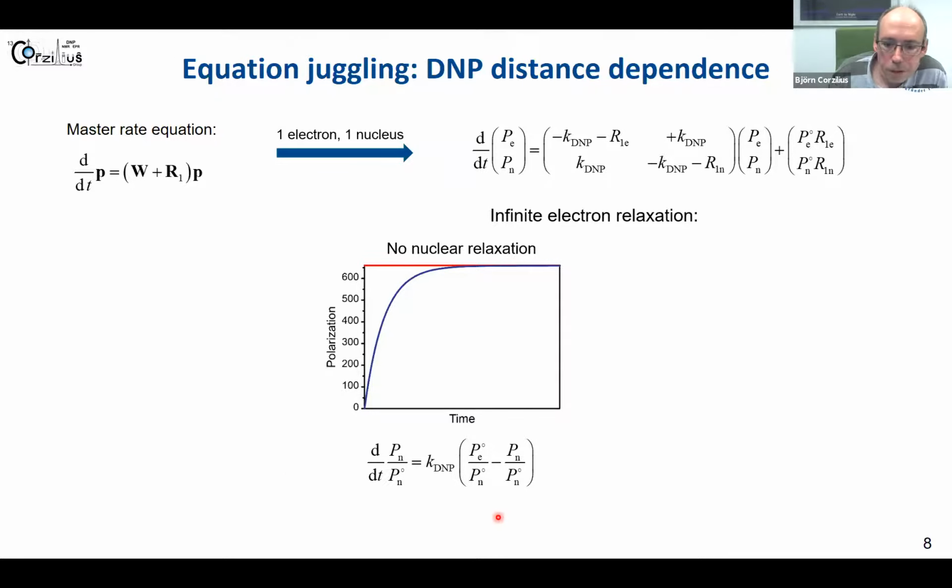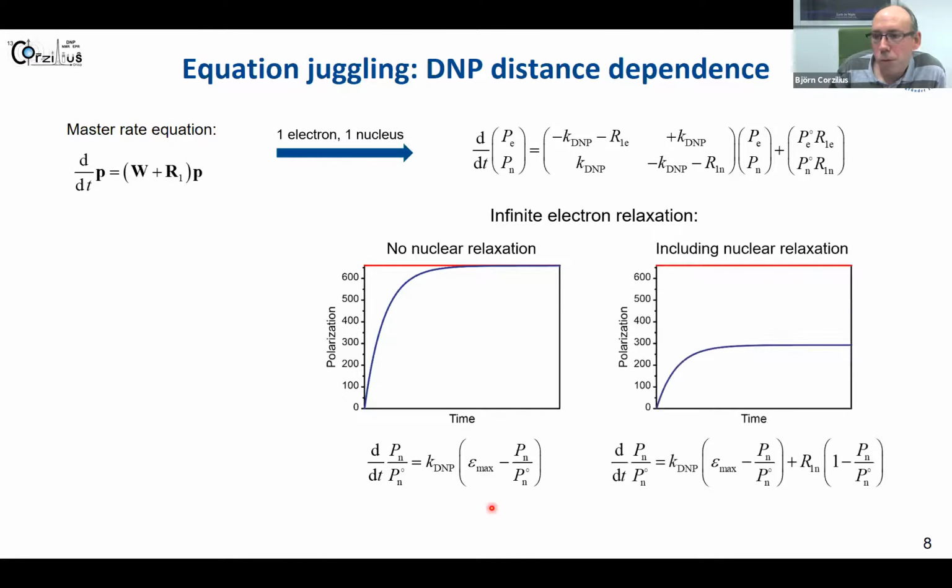equation. And you can see here this P_E^0 over P_N^0 is practically just the ratio of the gyromagnetic ratios. So we can also rename this and call this the maximum DNP enhancement which is possible. So 660, for example, in the case of a proton. But in our case, of course, we have to assume also nuclear relaxation.